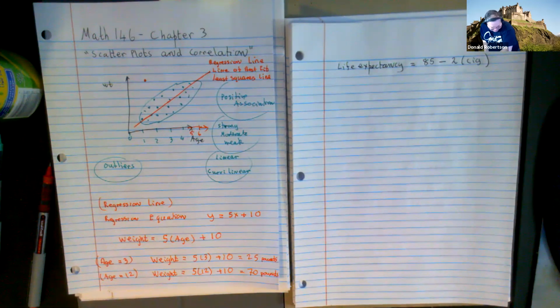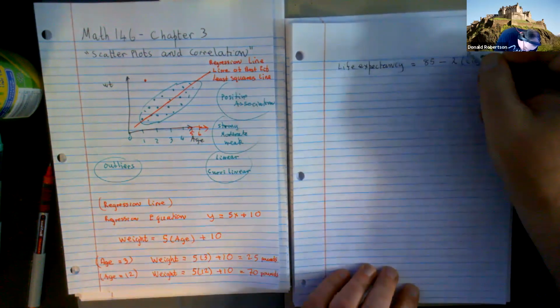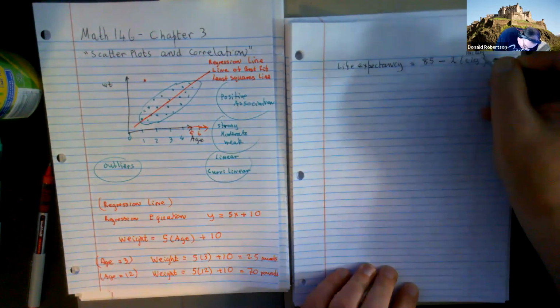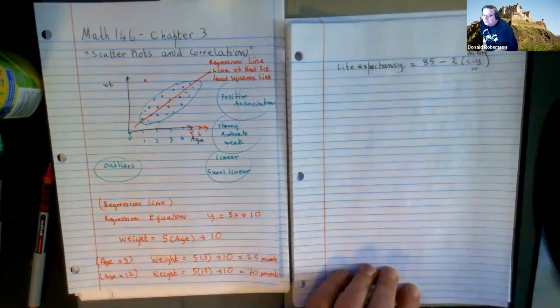So the life expectancy is 85, take away 2 times the number of cigarettes that you smoke per day. In fact, let's make it the number of packets. Packets of 20, right?